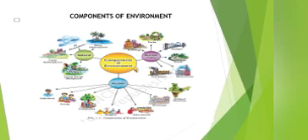First is natural environment. Second, human beings as part of environment. Third, human-made environment. First, natural environment. It includes water, air, land and all living things.